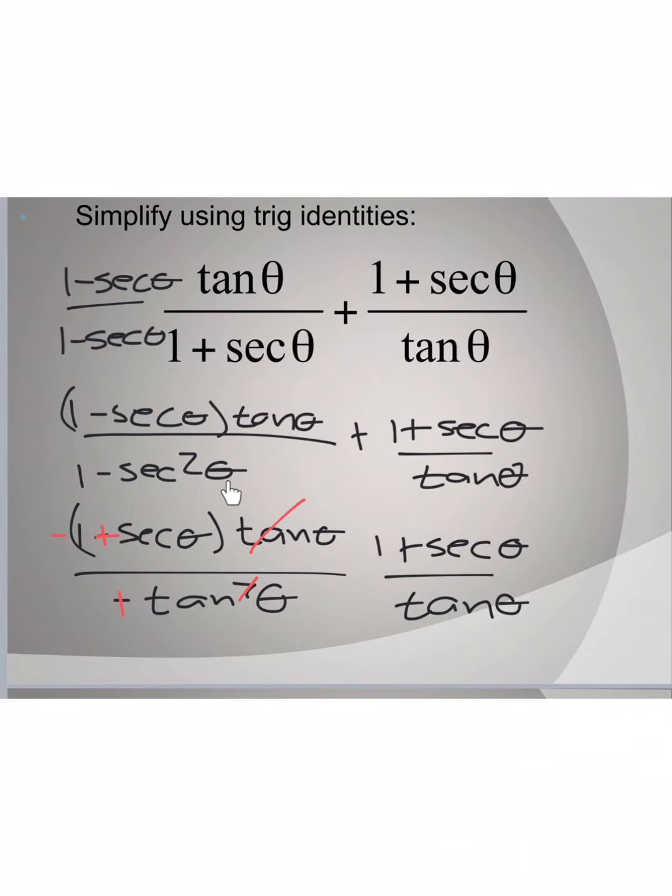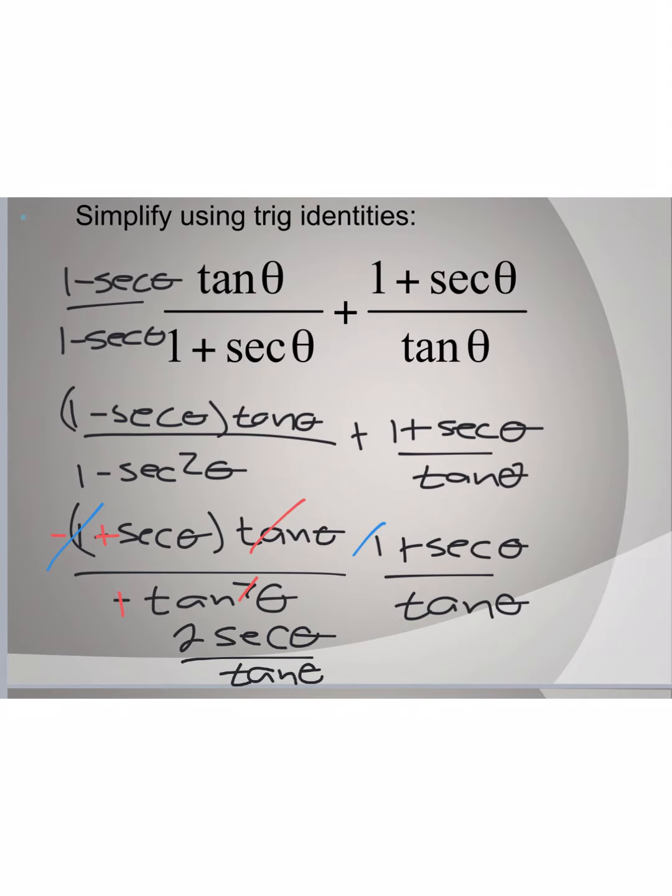So I have a negative 1 and a positive 1. Those are going to cancel out. And then I have a positive secant and a positive secant. I'm going to add those together to get 2 secant over tangent. If I rewrite secant, I get 1 over cosine. If I rewrite tangent, then I get sine over cosine. So I'm going to rewrite both, and then I'm going to actually multiply by the reciprocal of tangent.